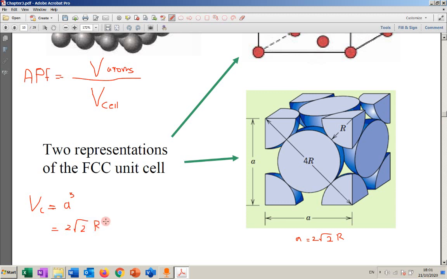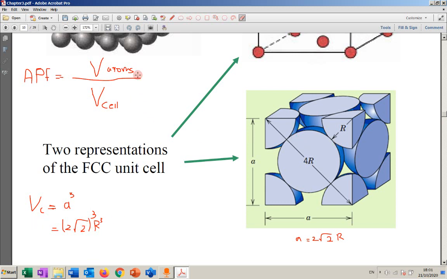Let's say this is cubed and the 3 is cubed. So this number cubed and R cube, that's going to be the volume of this cube. Why? Because A depends on R, and we know that A is equal to 2 root 2 R. So this is going to be the volume of the cube.